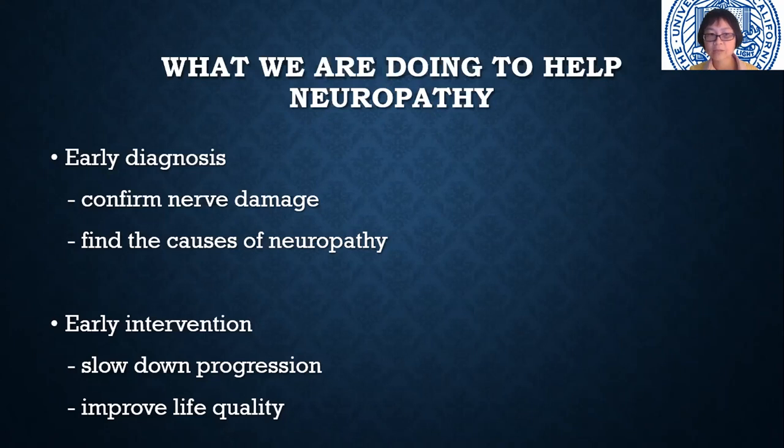Then we can start some early intervention to slow down the progression and improve quality of life. Sometimes we may not be able to find the cause of a neuropathy for everybody. We call that idiopathic neuropathy, but we may be able to provide some management to help relieve some symptoms.